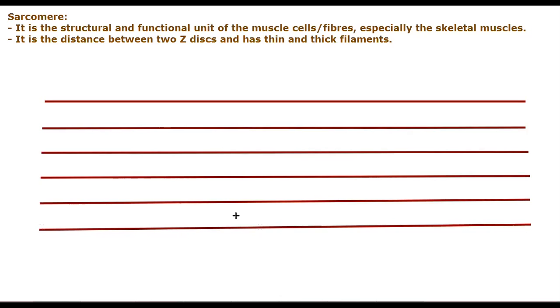Now what we will do? Now we will make a Z line. So suppose we cut it here. So this is one Z line and this is another Z line. Okay, now we can make a smaller one here also.